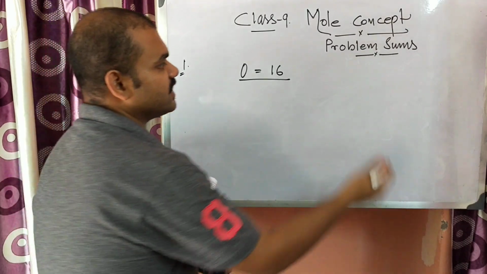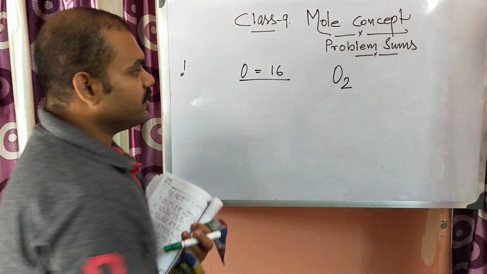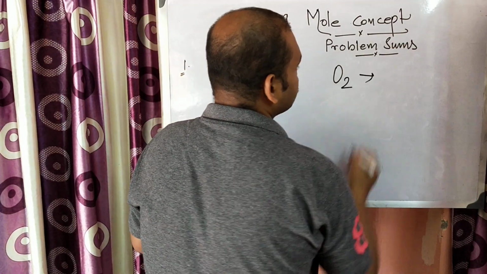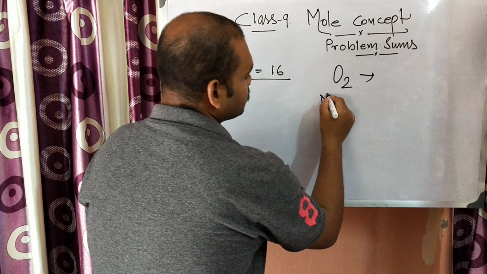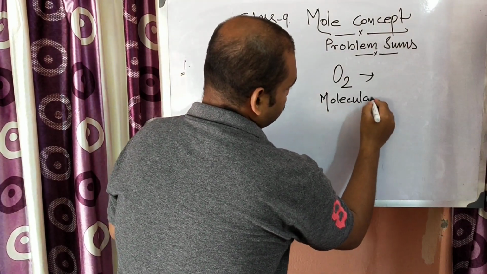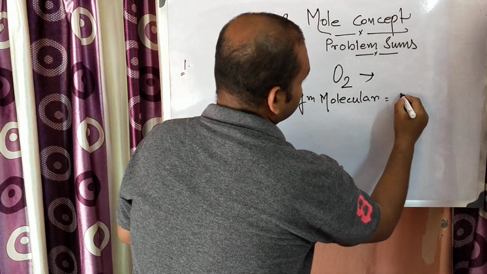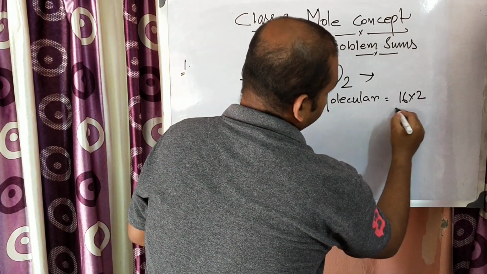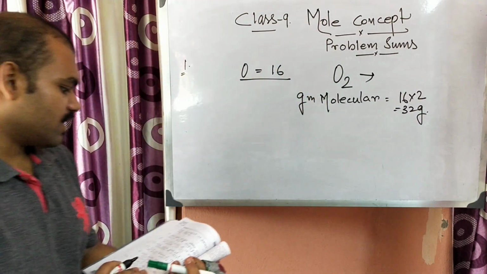Oxygen is a diatomic gas, so O2 means there are two oxygen atoms in one molecule. So what is the molecular mass? Gram molecular mass will be 16 into 2, that is 32 gram.